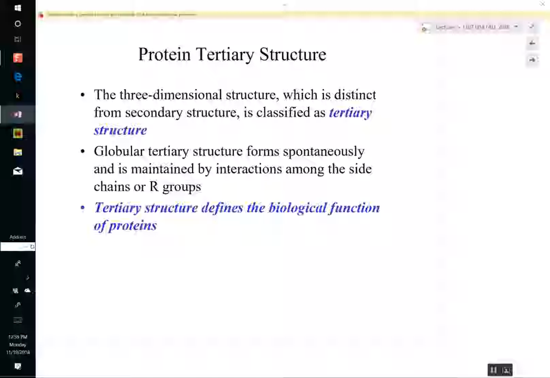There's hydrophobic, this is the weakest, polar interactions, salt bridge. I'm going to give you examples of each of these, and a disulfide bridge.